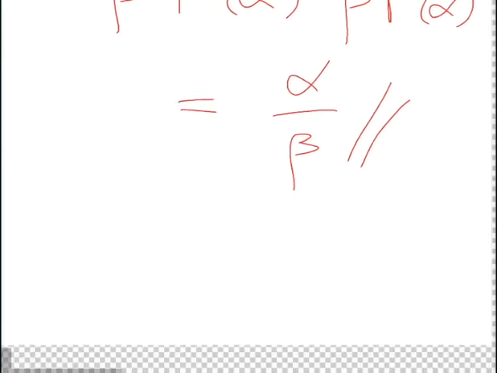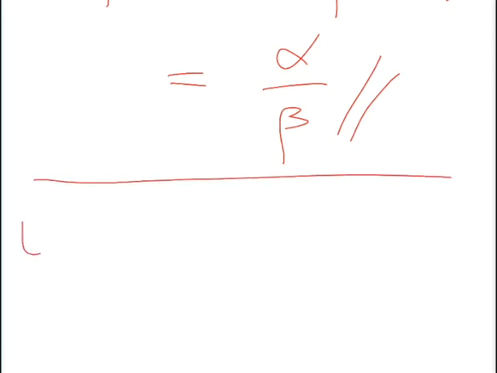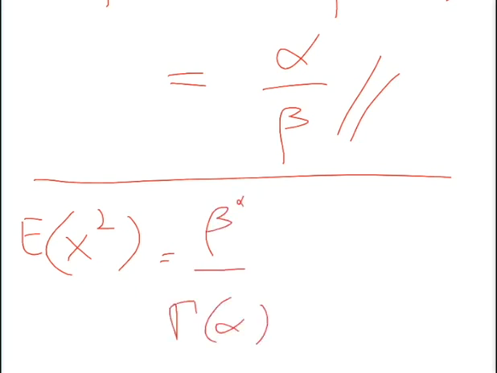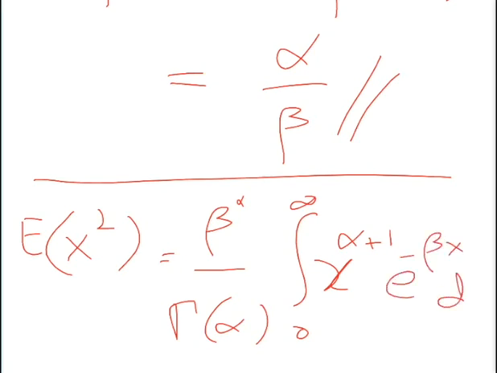So very quickly, let's now try to find the second moment. So we have E of x squared. Now this is equal to, I'm going to skip some steps now, beta to the alpha over gamma of alpha, integral from 0 to infinity of x to the alpha plus 1 e to the minus beta x dx.